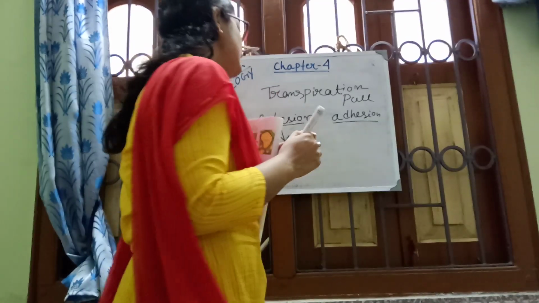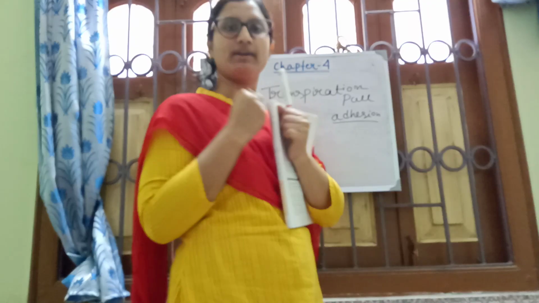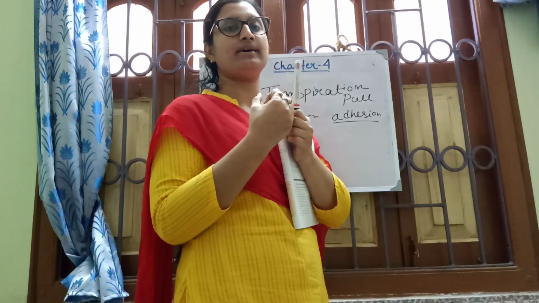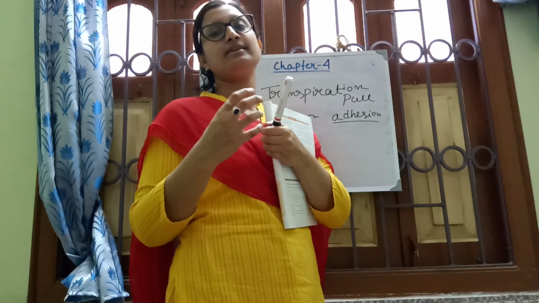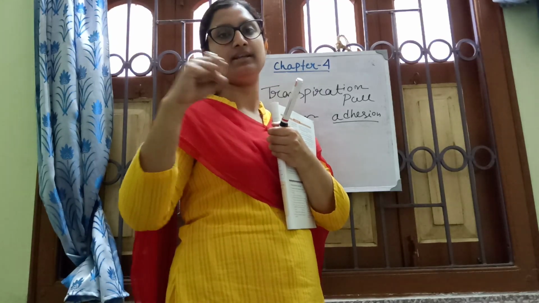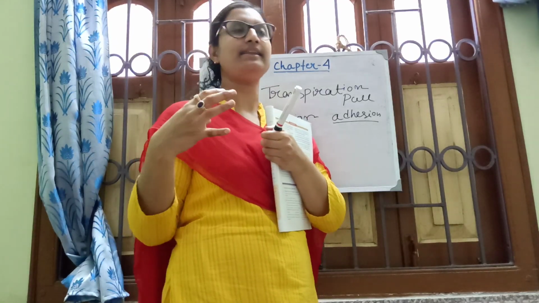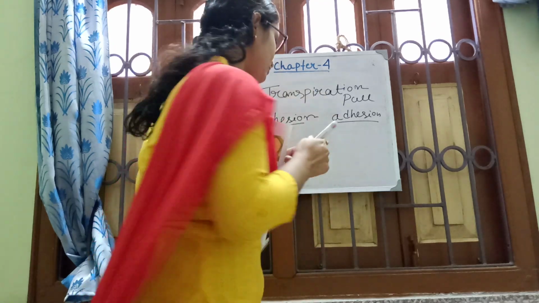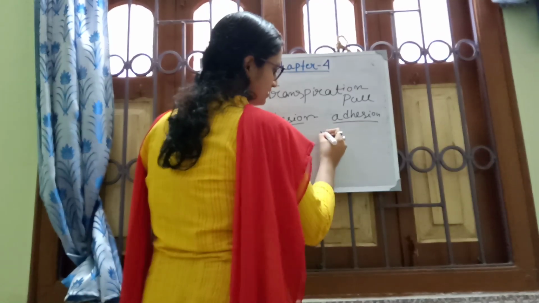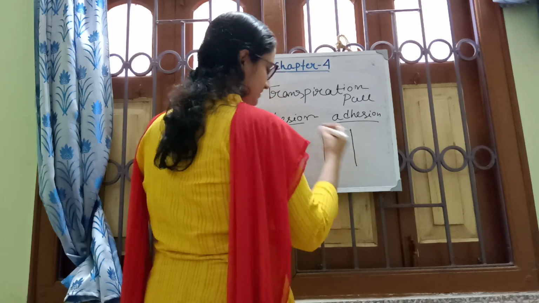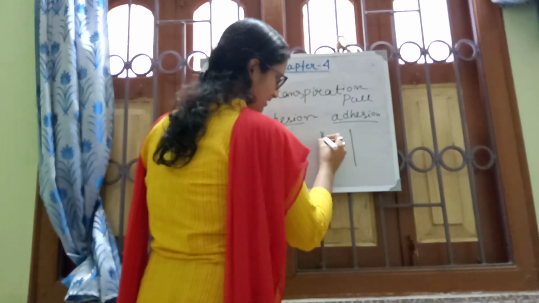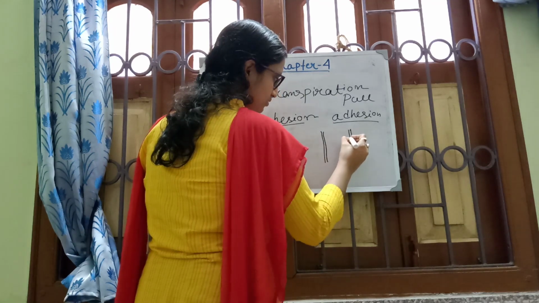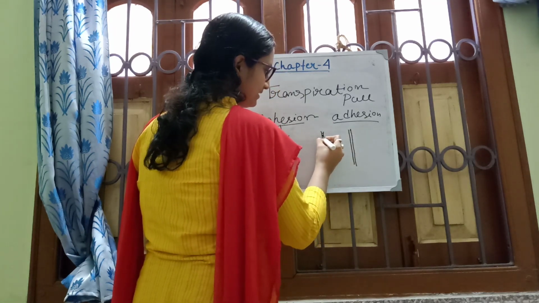Cohesion means the water molecules go together, and adhesion actually helps in attaching the water molecules to the xylem's lignified wall. Suppose this is the xylem vessel. Here you can see the xylem has a lignified wall.